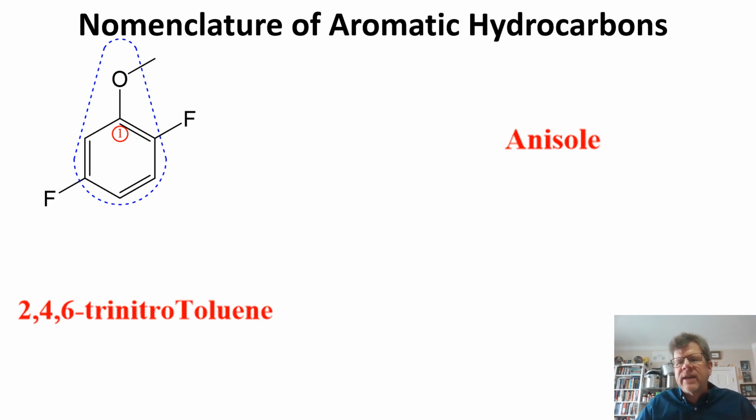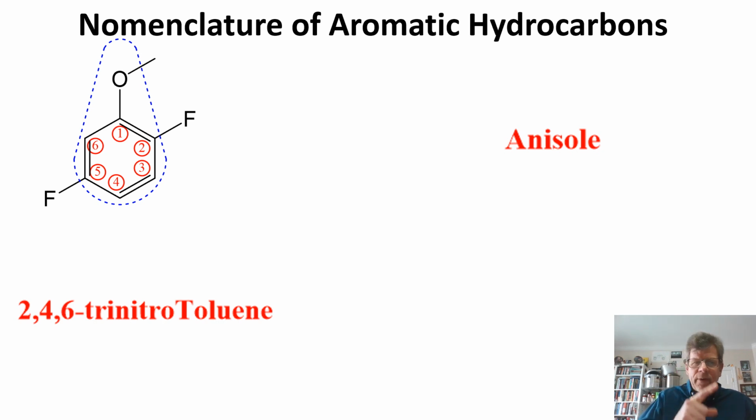And now we have to count around the ring in the direction which will give both substituents the lowest numerical designation. So we would count around clockwise in this case, bringing the fluoro groups at the 2 and the 5 carbon on that aromatic ring.